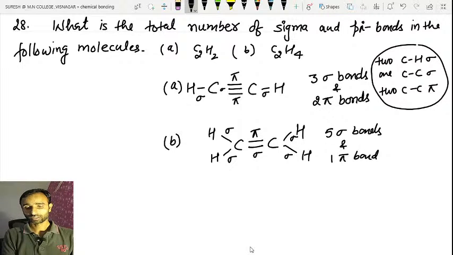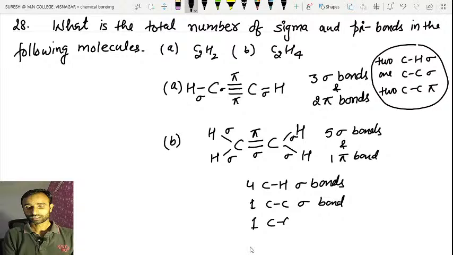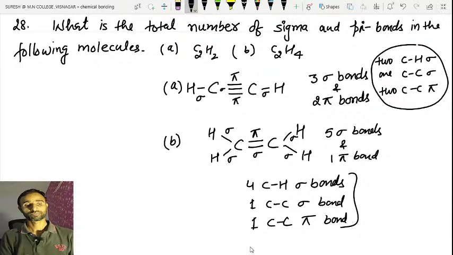In C2H4 there are 4 CH sigma bonds, 1 CC sigma bond and 1 CC pi bond. Right? Okay, this is question number 28.